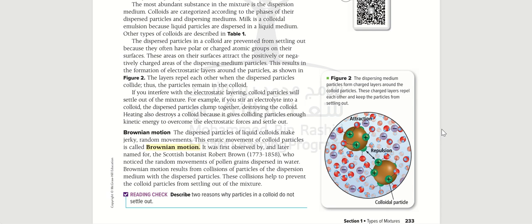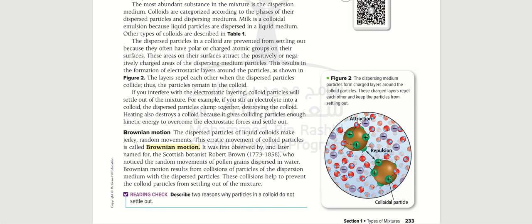Anyway, this part is a little bit advanced. You just have to know that there are electrostatic layers. There is attraction force between positive and negative, meaning different or unlike charges attract, and there is repulsion force between same or like charges, positive and positive or negative and negative repel.